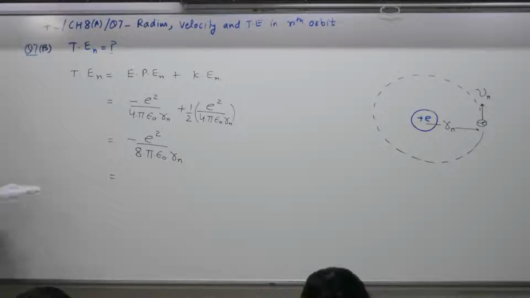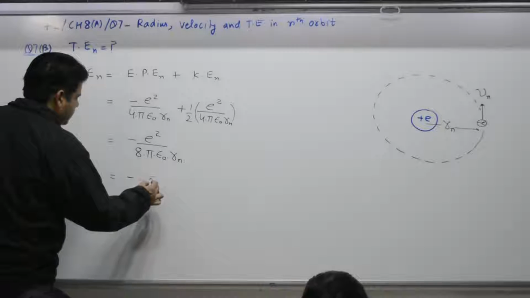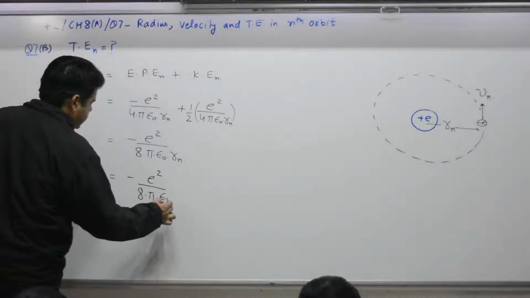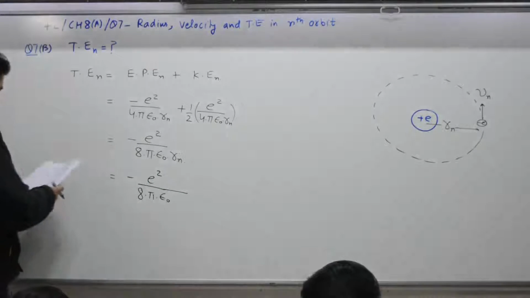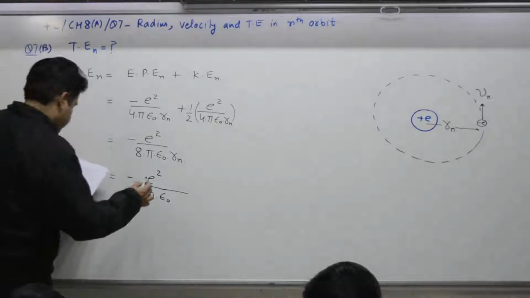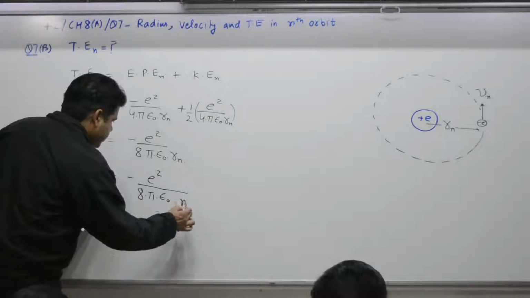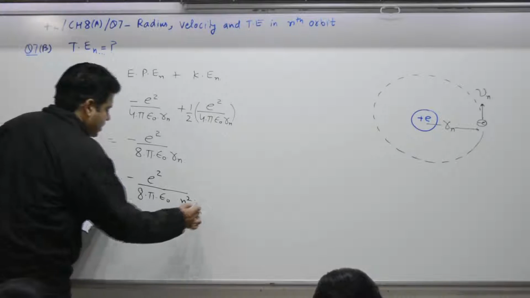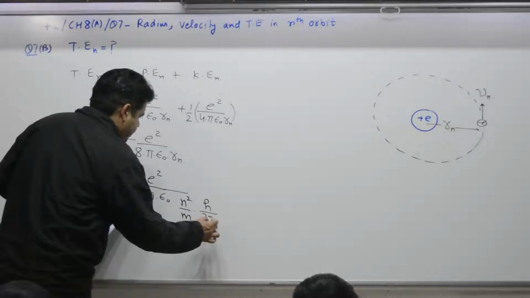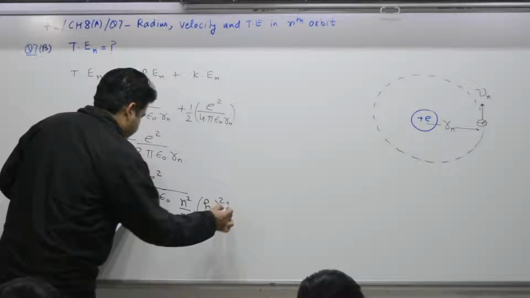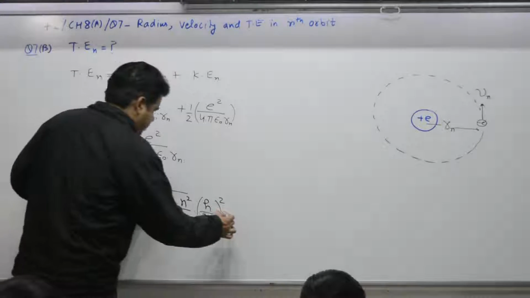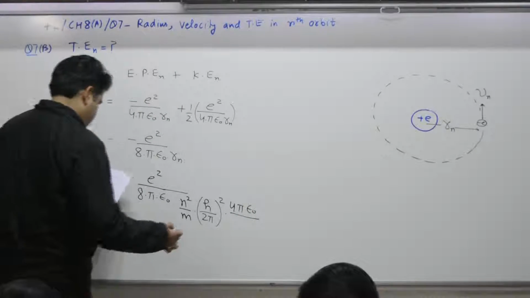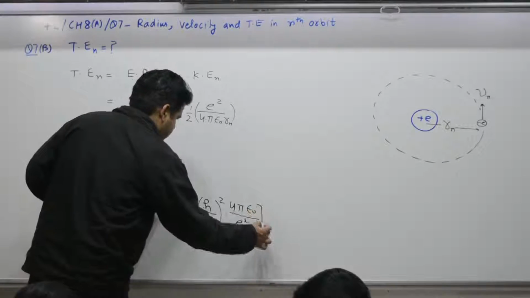Let me put this value of Rn in 8 pi epsilon. The value of Rn in the previous question was Rn is equal to n square by m, h by 2 pi square, 4 pi epsilon naught over e square.